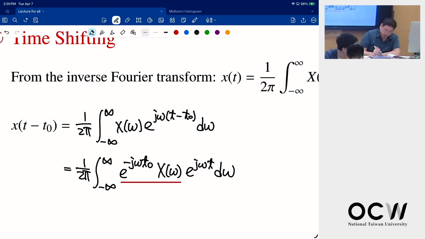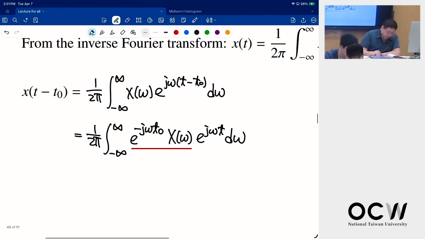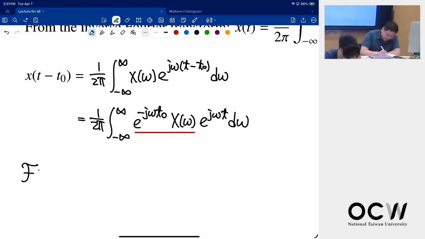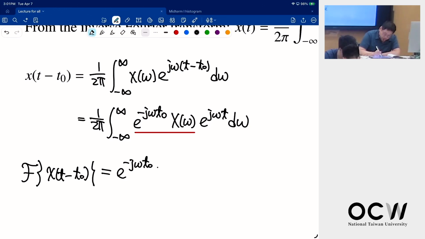So if I shift in the time domain, what happens in the frequency domain? This becomes e to the minus j omega t naught times x omega.